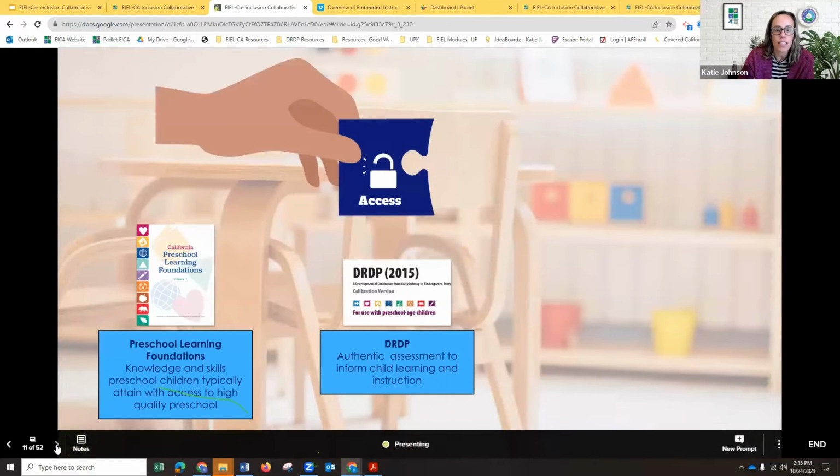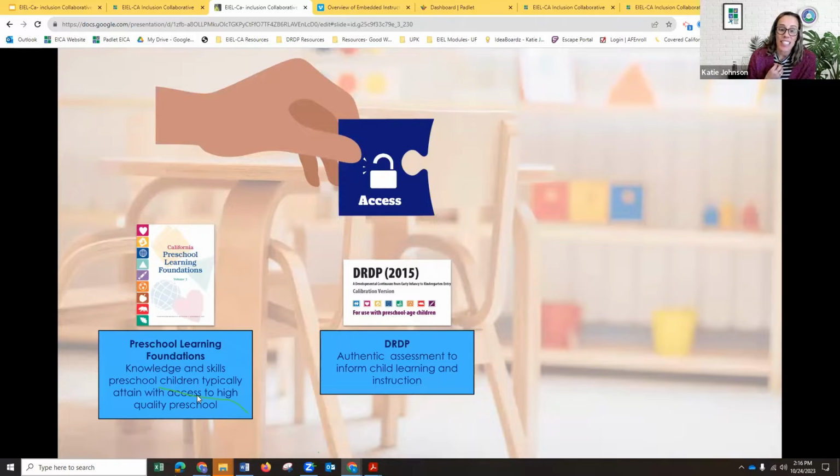And this is stuff that our educators are already doing with pieces like the preschool learning foundations, right? The preschool learning foundations help to give us sort of the roadmap and the knowledge and the skills that kiddos need. And the DRDP, which is an authentic assessment, really shows us where children are at within that learning scope and sequence that the preschool learning foundation gives us.